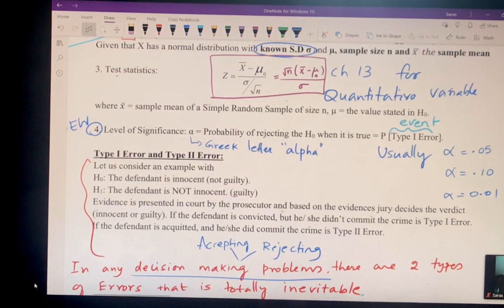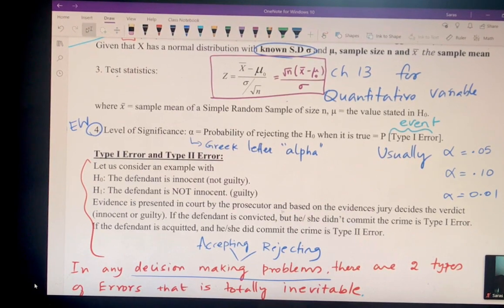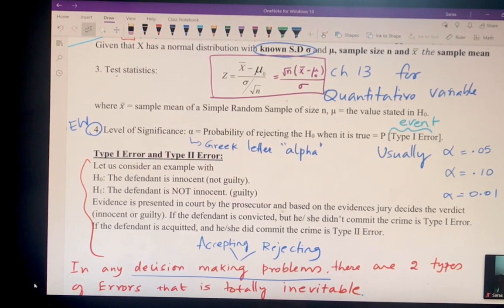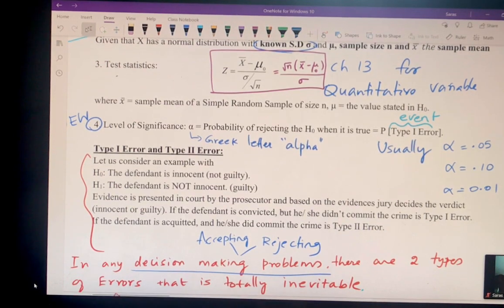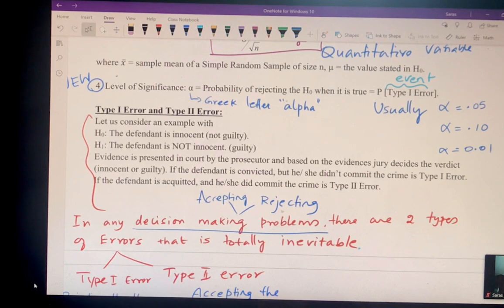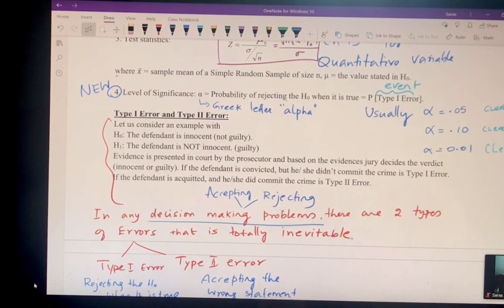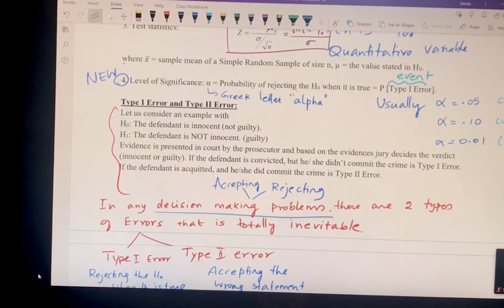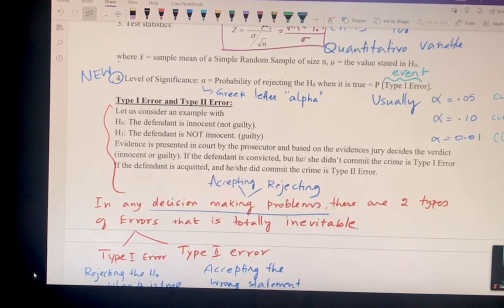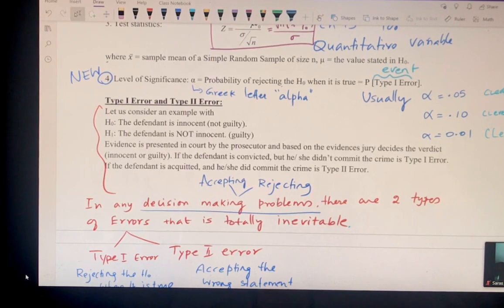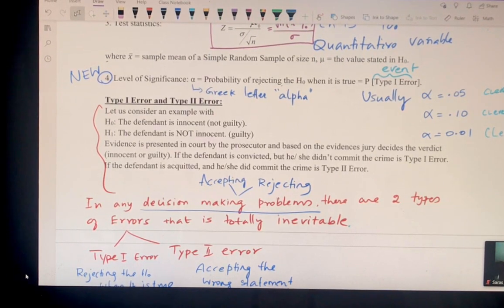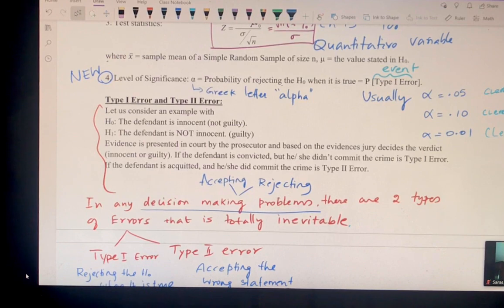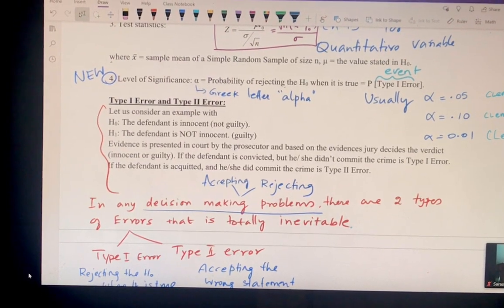All right. So x bar is the sample mean. Mu sub 0 is the value stated in the null hypothesis. And the next one is going to be step number 4. You are going to define a new concept called level of significance. In chapter 14, in the first part, under confidence limits, we introduced the term confidence level, and we always maximized that number, say 90%, 95%, or 99%.